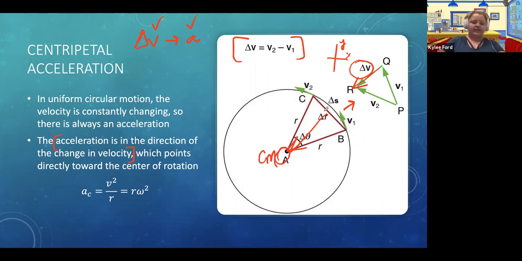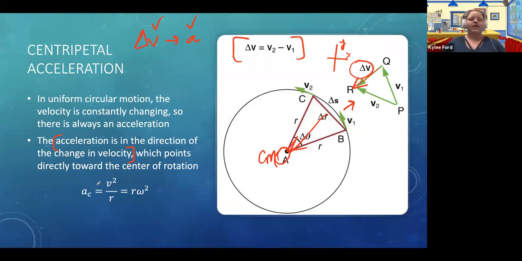I'll get to that in a second too. So again, our change in velocity points to the center of our system here. So we know that at any point now, the acceleration is always going to point inwards, towards that center.